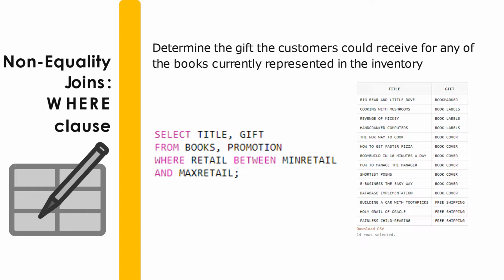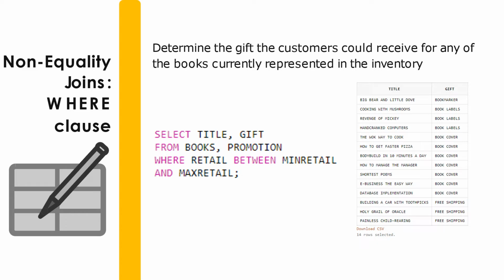The title of the book will be coming from the books table, and the gift will be coming from the promotion table. As you can see, we are joining the books table and the promotion table. But our join condition is that the retail price should be between the minimum retail in our promotion table and the maximum retail in our promotion table.